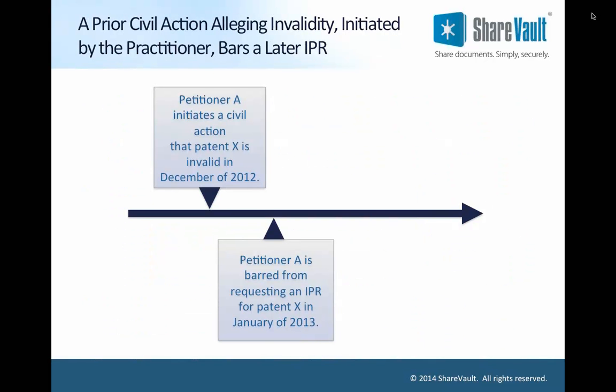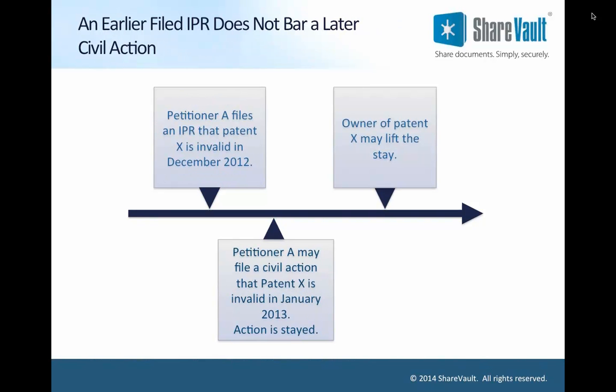So again, here is a cartoon illustrating the idea. The petitioner initiates a civil action on December 12th. Then in January, he would be barred from requesting an IPR. In this case, another case, the earlier filed IPR does not bar the civil action.